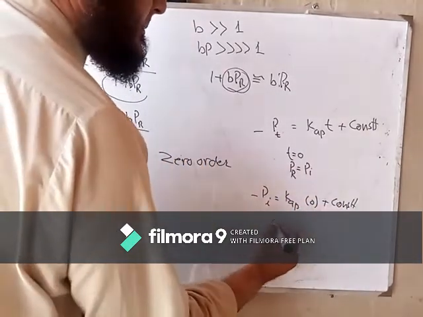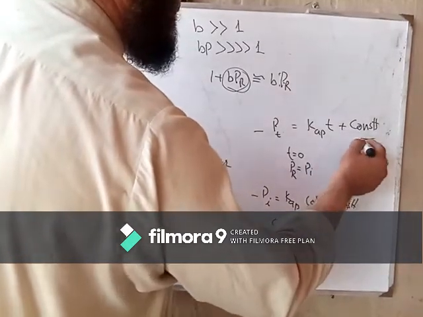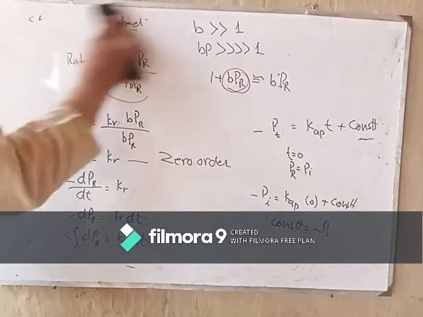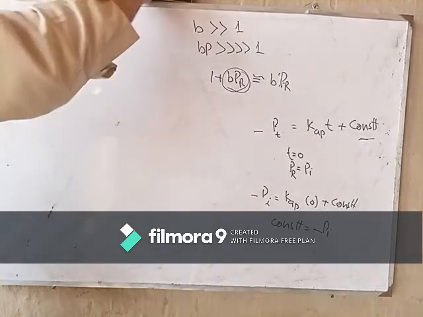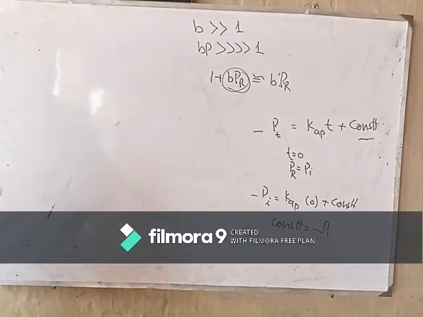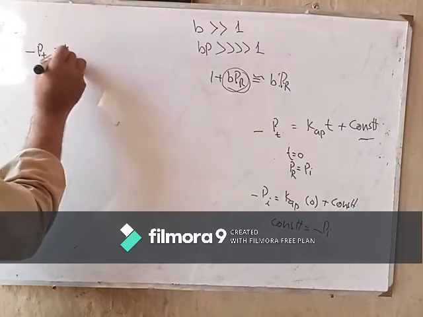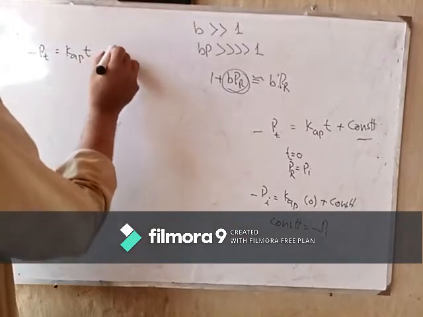So constant is equal to minus Pi. तो इस इक्वेशन में कांस्टेंट की वैल्यू लगा लेते हैं. Then we get minus Pt is equal to Kap और T और प्लस कांस्टेंट की जगह पर माइनस Pi.